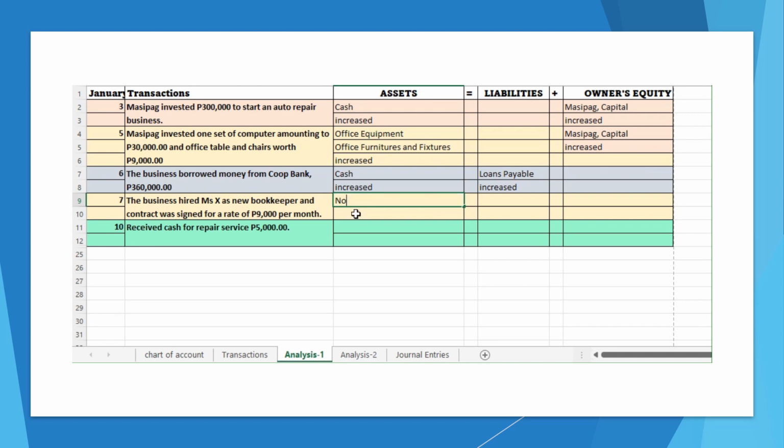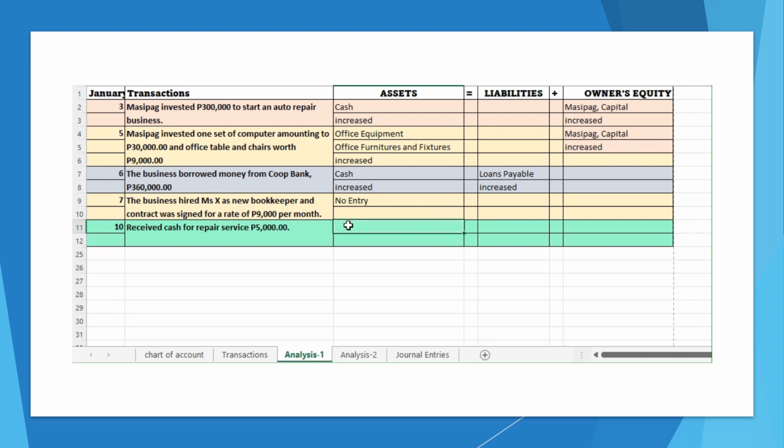This will be no entry. Why? Because the new bookkeeper did not render its service. It's just contract signing. Okay? And no payment was made for that transaction.